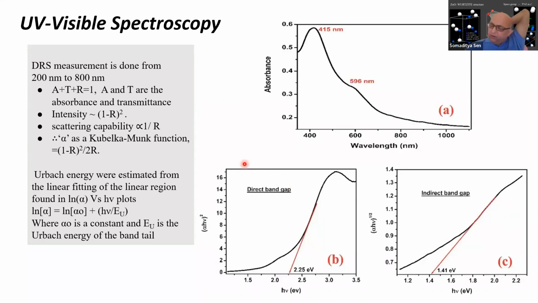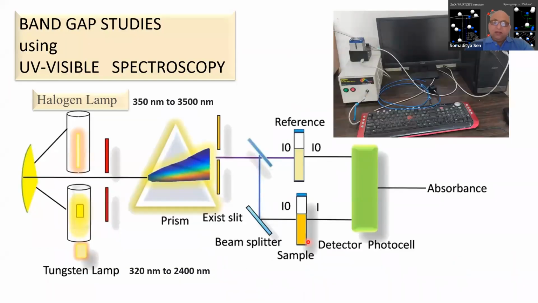Now, in a solid sample like zinc oxide, if it is powder or something like that, we prefer to do diffuse reflection spectroscopy because it is not a transparent thing. The light cannot pass through, like what I described in this slide.